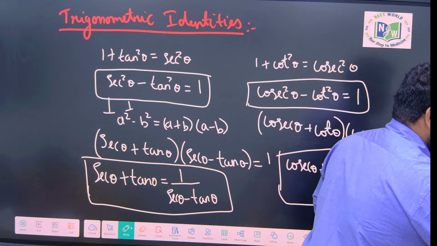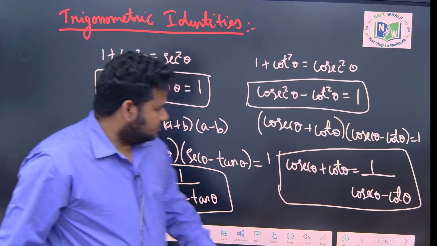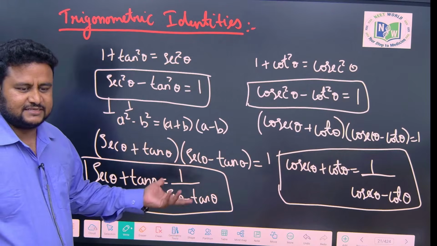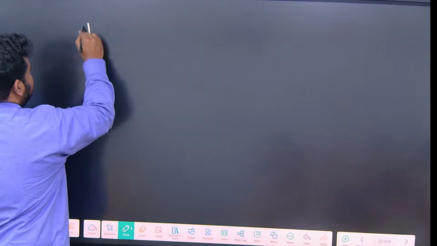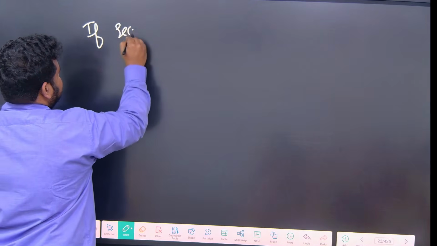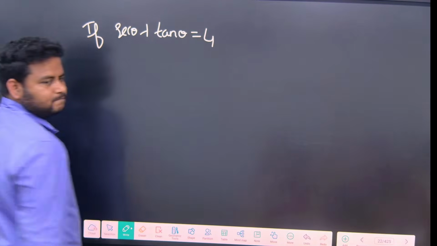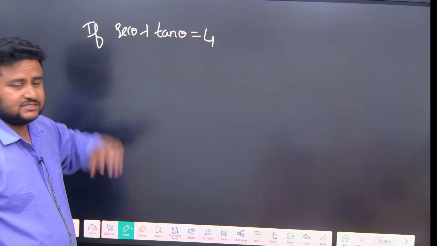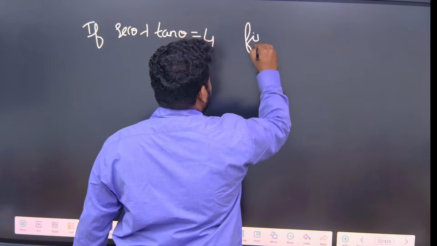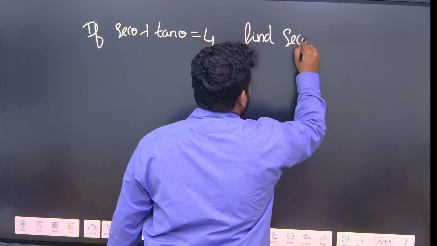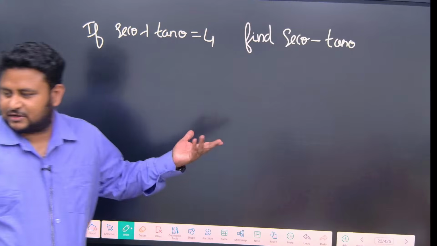Now observe carefully. Online students, please focus. Now similarly, suppose you see a question. If they give a question like, if secant theta plus tan theta is equal to 4, and they ask to find secant theta minus tan theta, it is nothing but the reciprocal, correct?